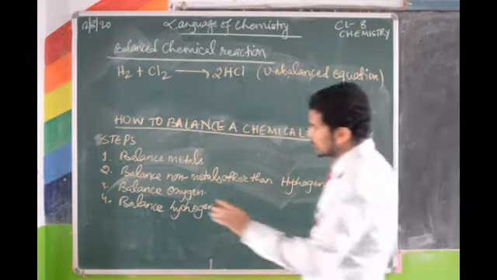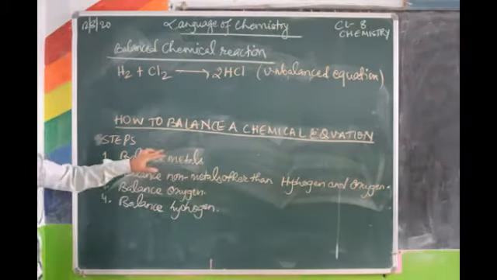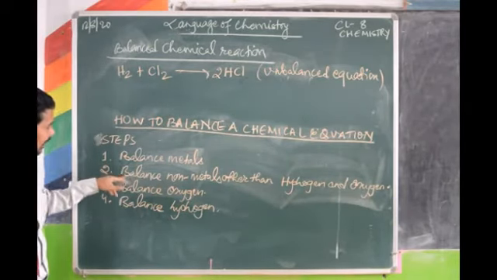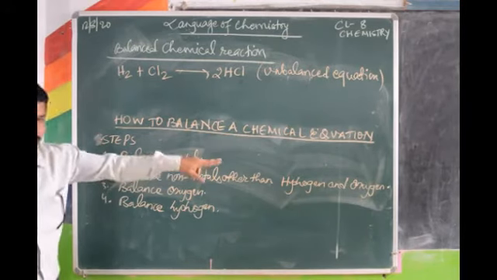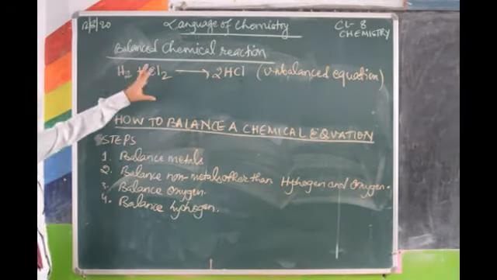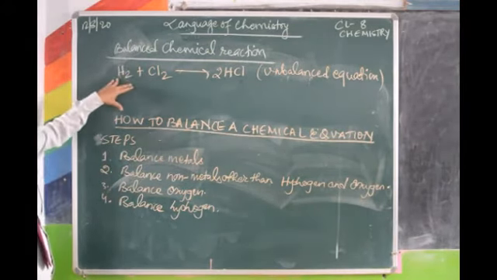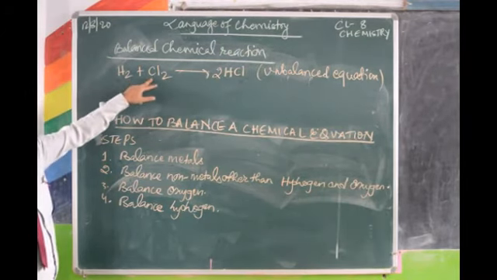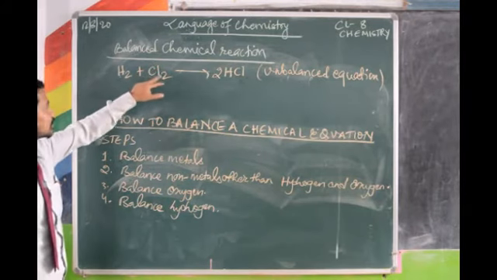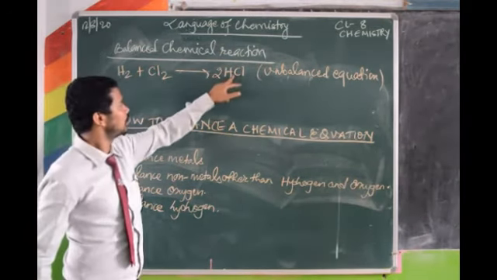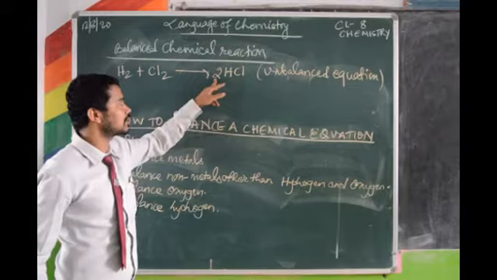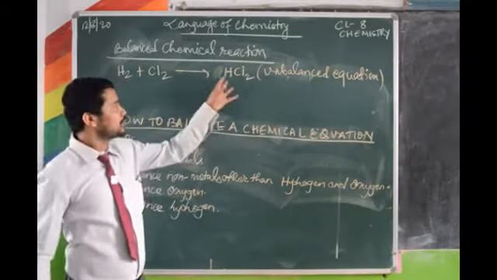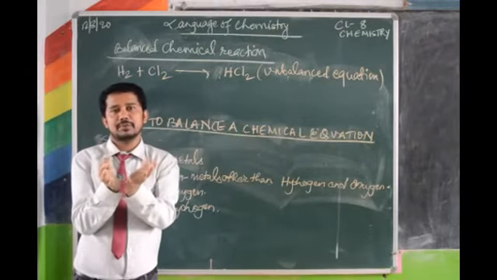So step number 1, balance metals. There are no metals, so you went to step 2. Balance non-metals other than hydrogen and oxygen. Oxygen is not there. Other than oxygen and hydrogen, what is here? Chlorine. So balance chlorine then. Chlorine 2 this side, chlorine 1 was there, so you added 2 in front. You cannot change the molecular formula.